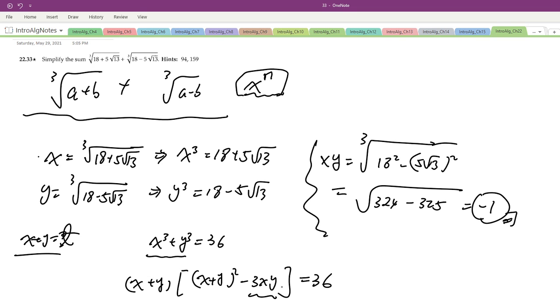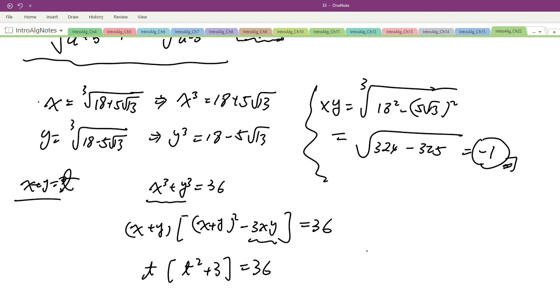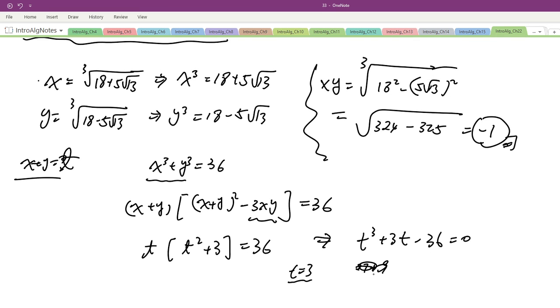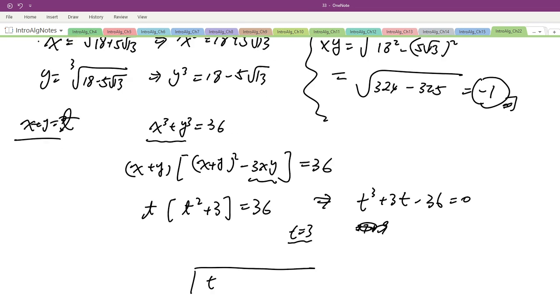So for this cubic function, we can see it's t cubed plus 3t minus 36 equals 0. Then t equals 3 is a solution, right? So 27 plus 9 is 36, yes. So t equals 3 is a solution. So we need to check whether we have other solutions, right?